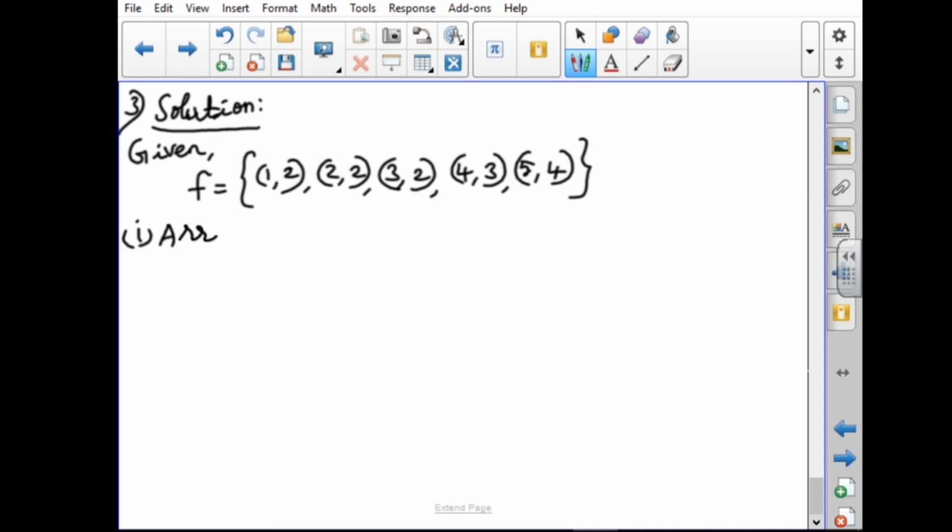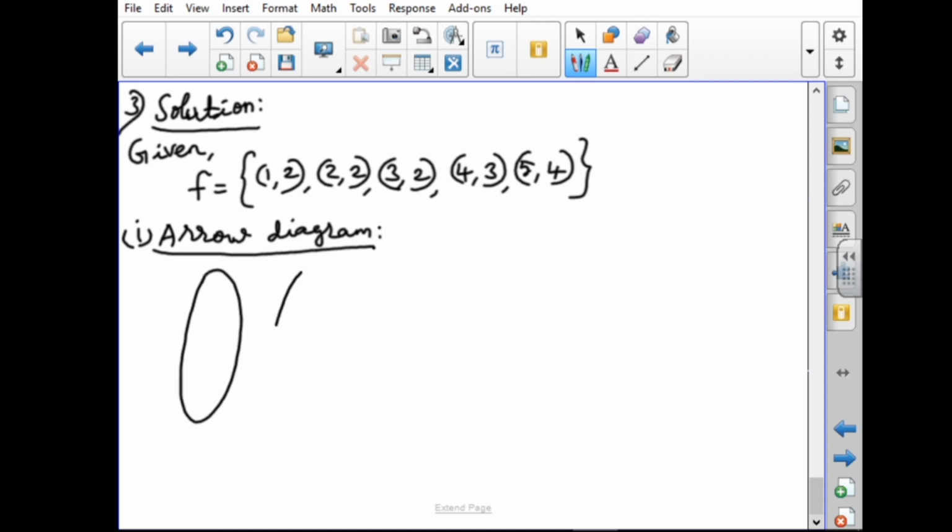We have to represent in arrow diagram. In this problem, they are not given that set name. We have to give the set name. First one A, second one B. Here we have to give.